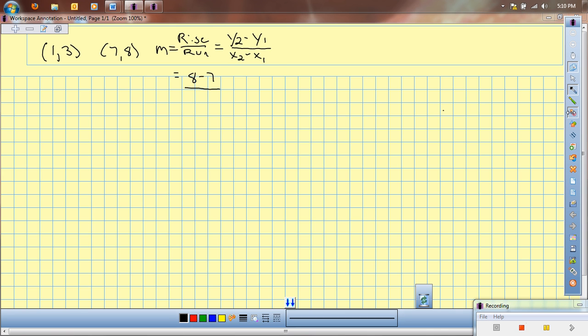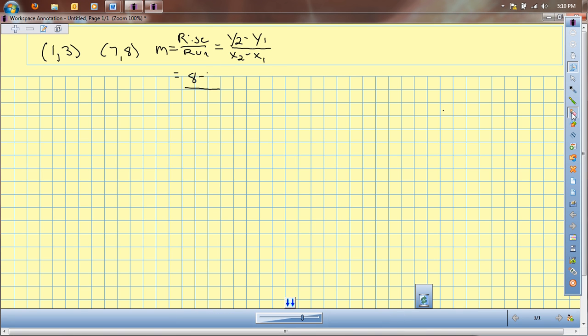Your y1 point is not 7. Your y1 point is 3 over your x2 point, which is 7, minus your x1 point, which is 1. So you have 8 minus 3, which is 5, over 7 minus 1, which is 6. So the slope for the line that runs between these 2 points is 5 over 6.